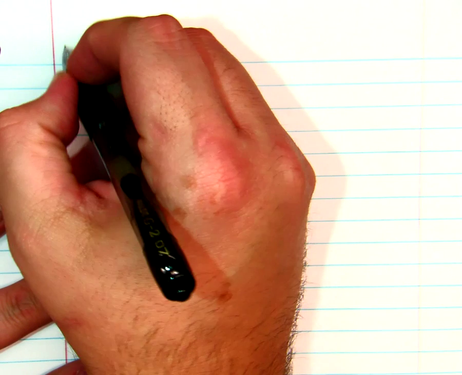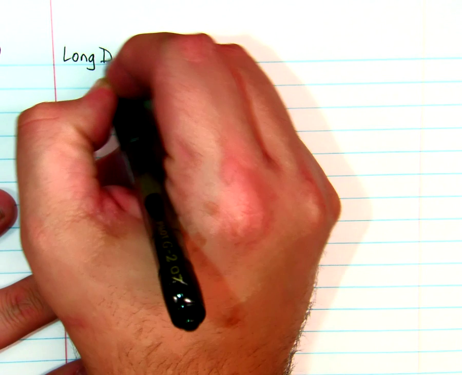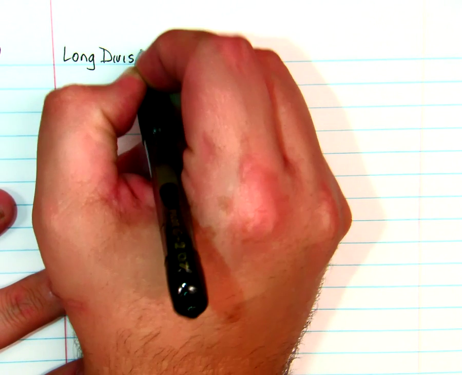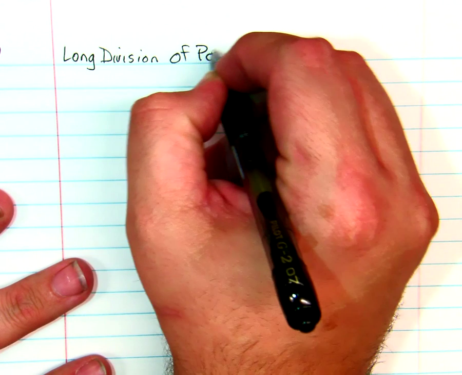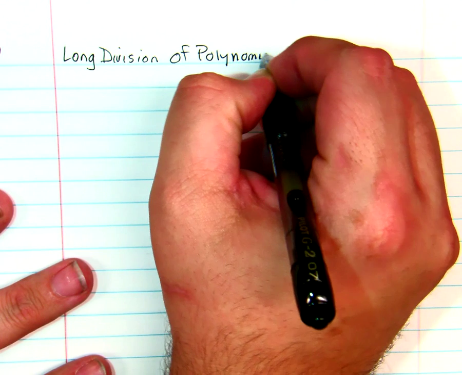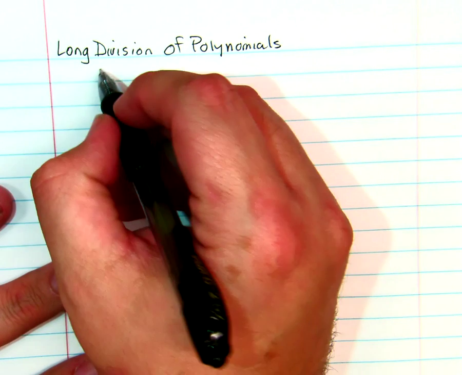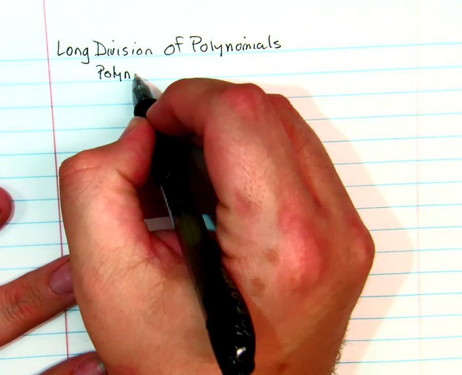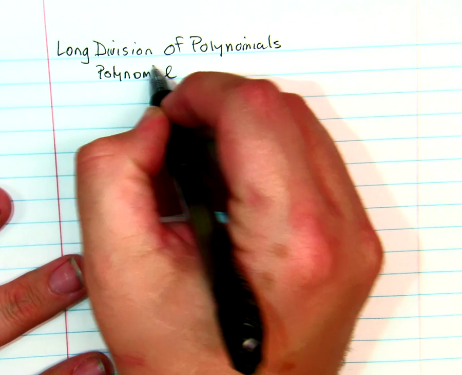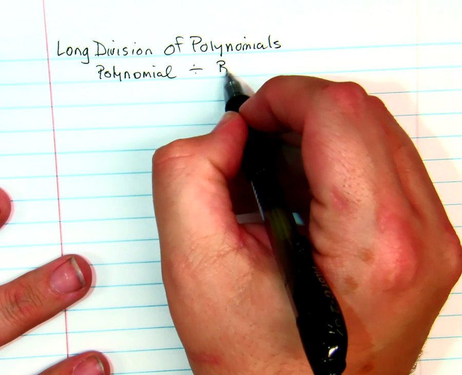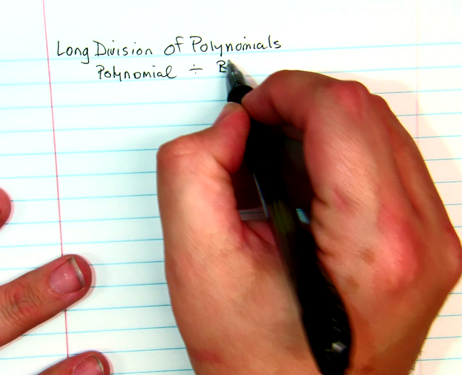Talking about long division of polynomials. Basically, what it's going to be is a polynomial divided by a binomial.